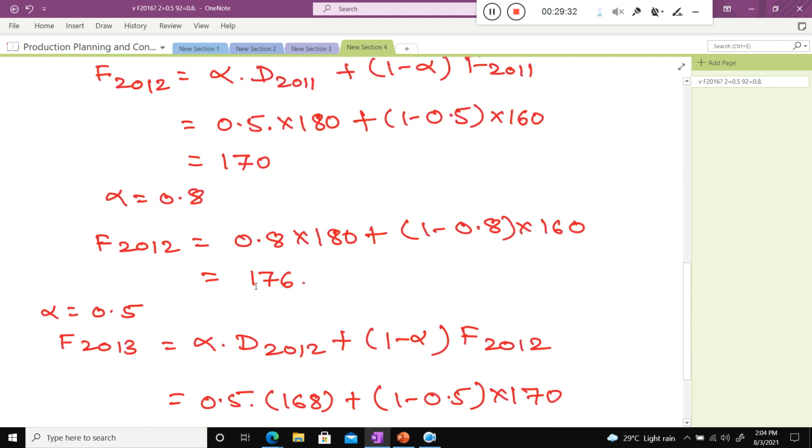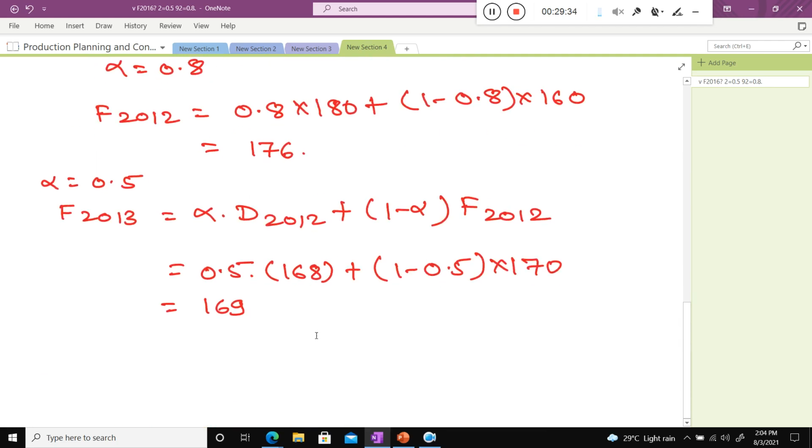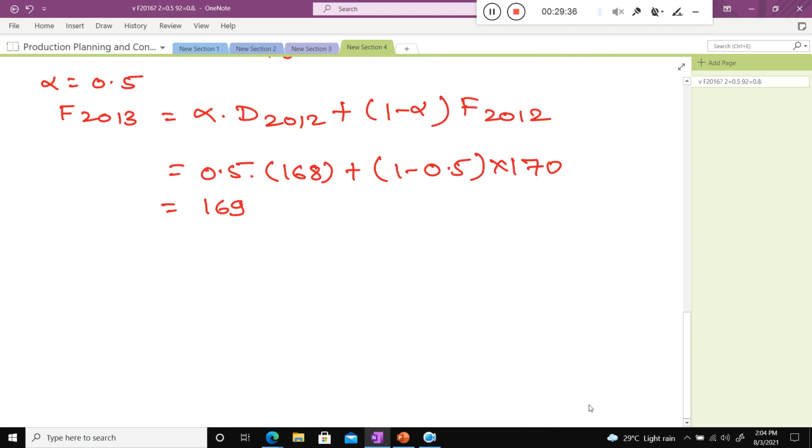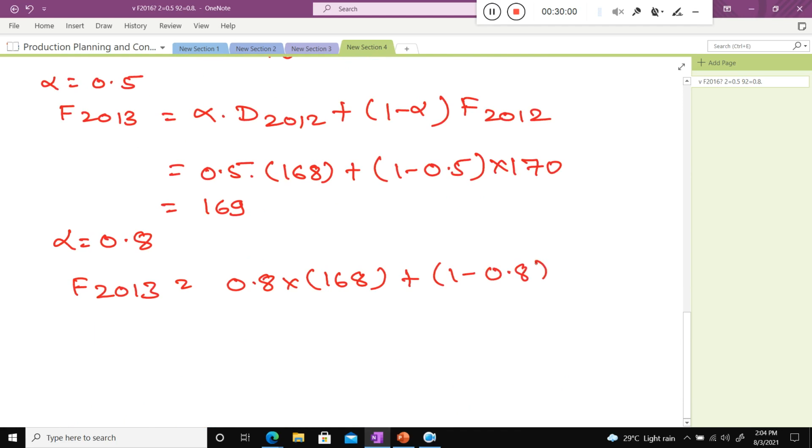Okay, so just put alpha is equal to 0.8 and let me know what will be the value. In that condition, F 2013, alpha 0.8, what is the demand? That is the 168, plus 1 minus alpha, 1 minus alpha is 0.2.